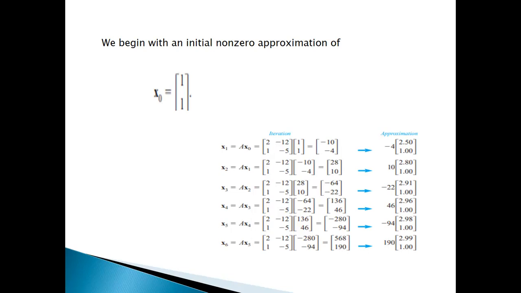Similarly 1 into minus 10 minus 5 into minus 4, so 10. Bring 10 outside as a common term and divide: 28 by 10 and 10 by 10. This is the further reduction in the eigenvector pair. The same procedure is continued up to the last, 6th iteration. This is a repetitive step.